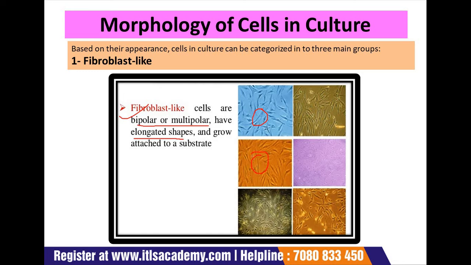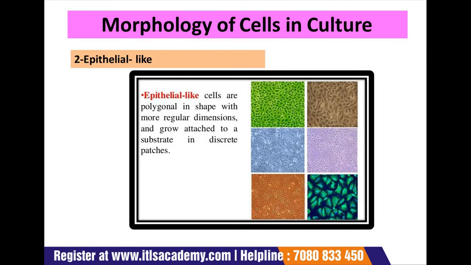This is the elongated shape, and they grow attached to a substrate. They require a substrate for growing. So these are called fibroblast-like cells. And the second is the epithelial-like cell. Epithelial-like cells are polygonal in shape.